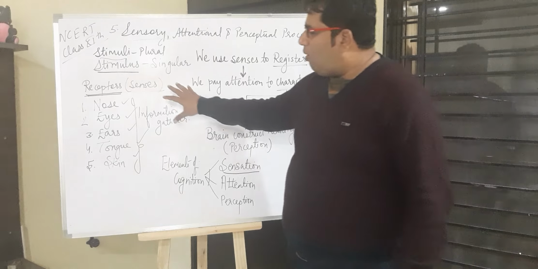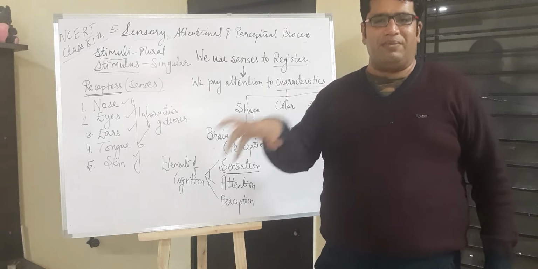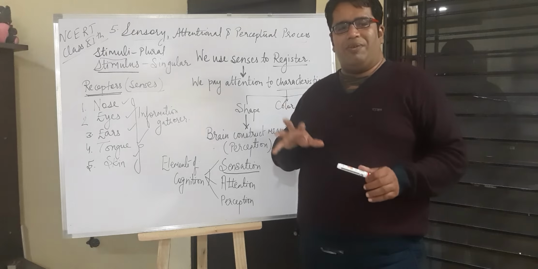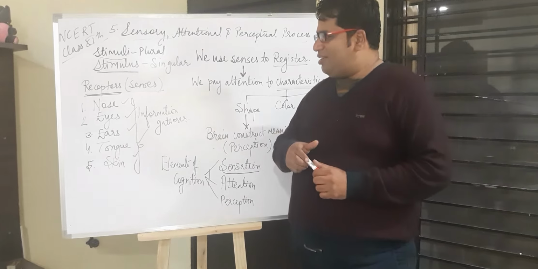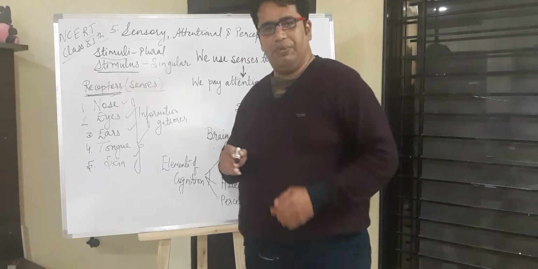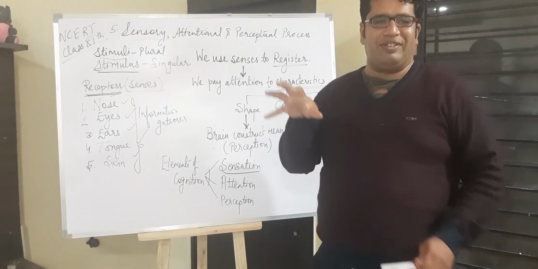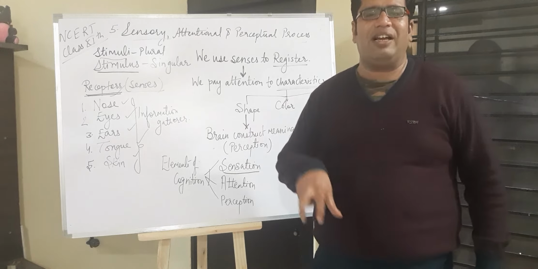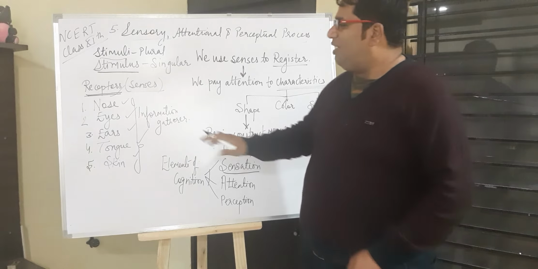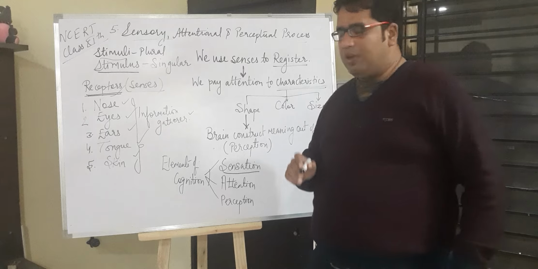By all these 5 senses, we receive information from the surroundings. So these are also called receptors. These 5 basic senses help us to receive and collect information from our environment, so they are called receptors and information gatherers also.